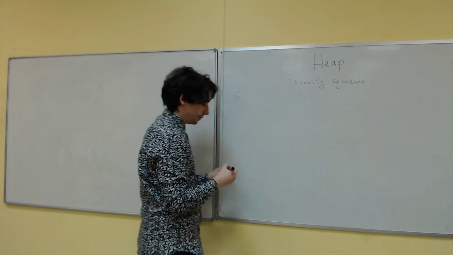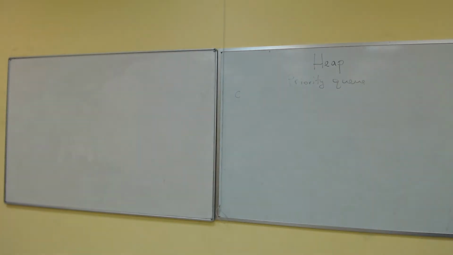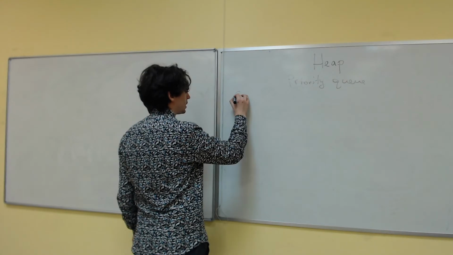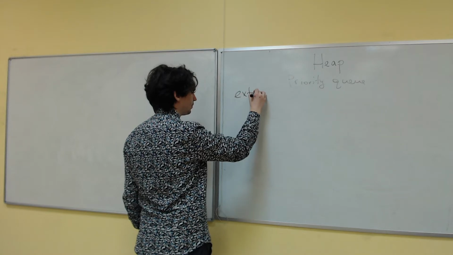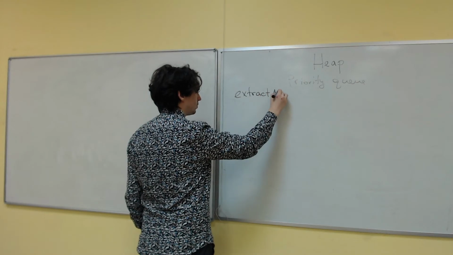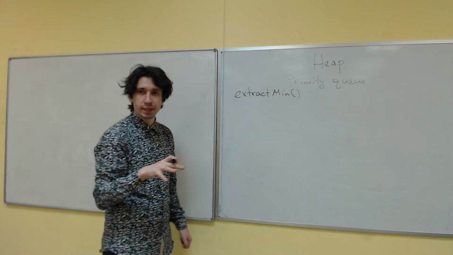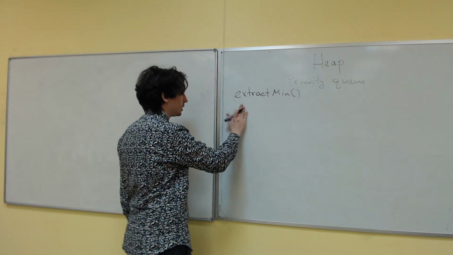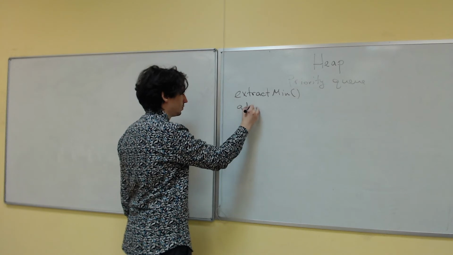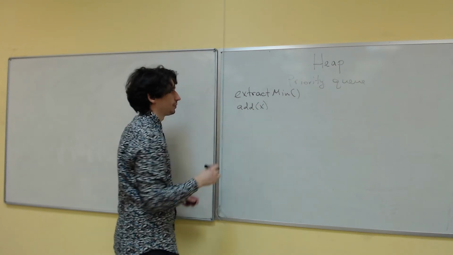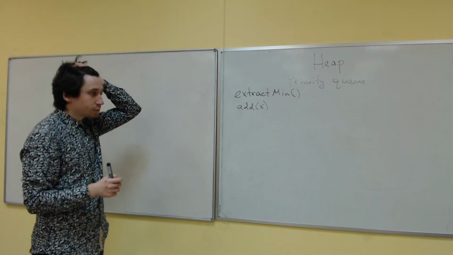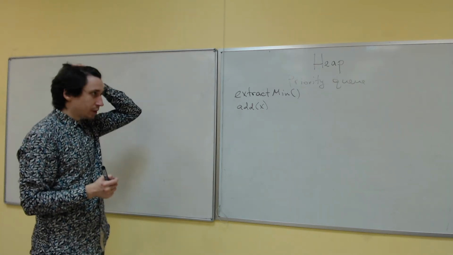The first is extract min, which extracts the smallest element from the set, and the second is add, which adds a new element.